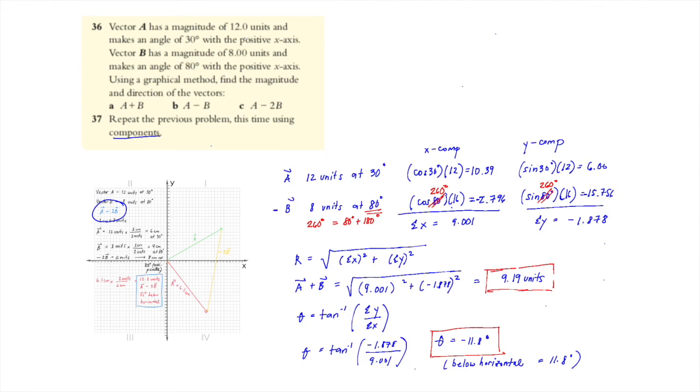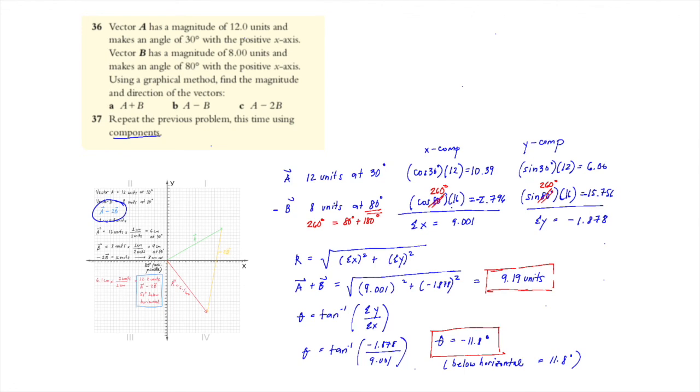So let's press again the calculator. Cosine of 260 degrees times 16, and that would be negative 2.796. And then the other one would be sine of 260 times 16.